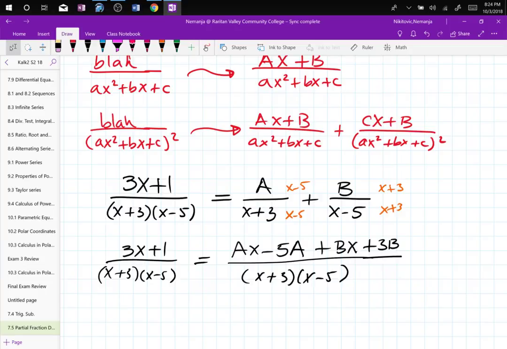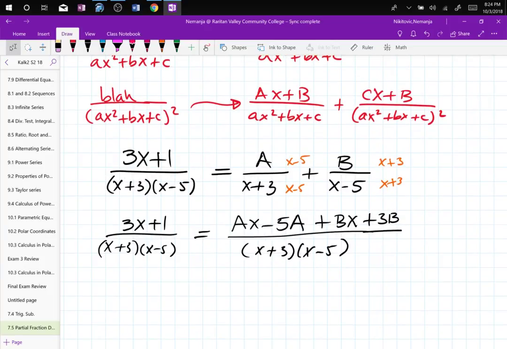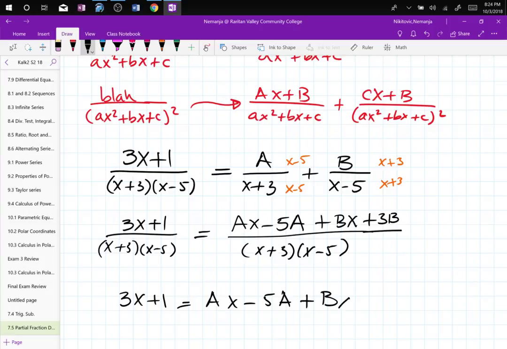And this is where you realize denominators are the same, so numerators must be the same, right? So when denominators cancel, what you get is 3x plus 1 is equal to ax minus 5a plus bx plus 3b.